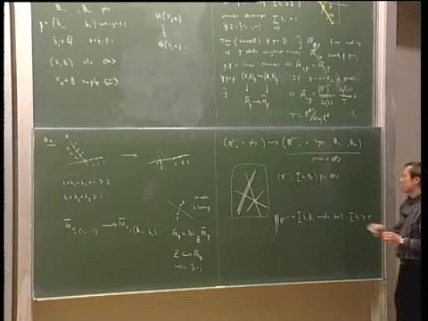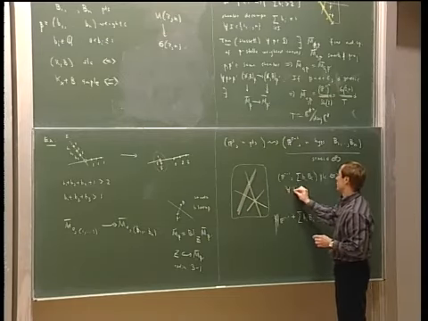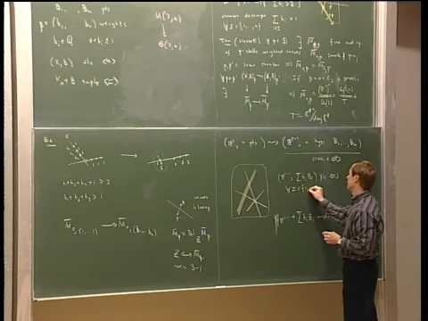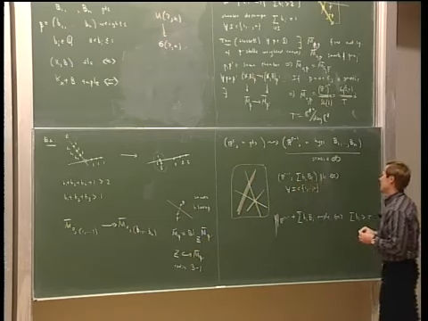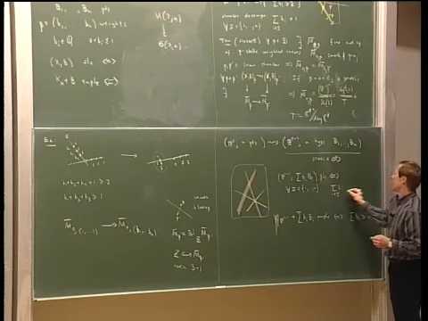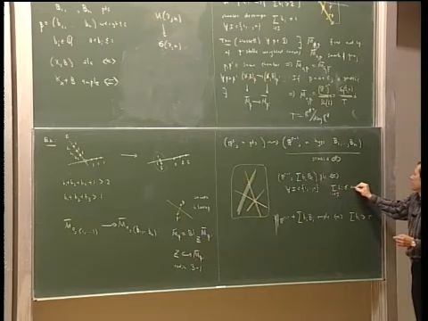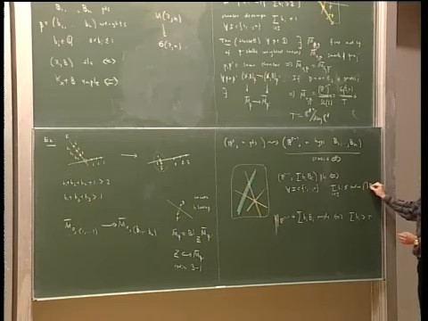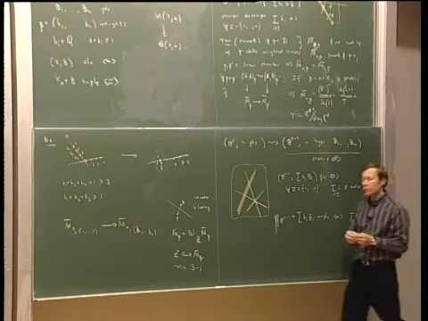And the first condition is as follows. For every subset in 1 through n, the sum of b_i in this set has to be less or equal than the codimension of the intersection of these hyperplanes. So here's what it means.